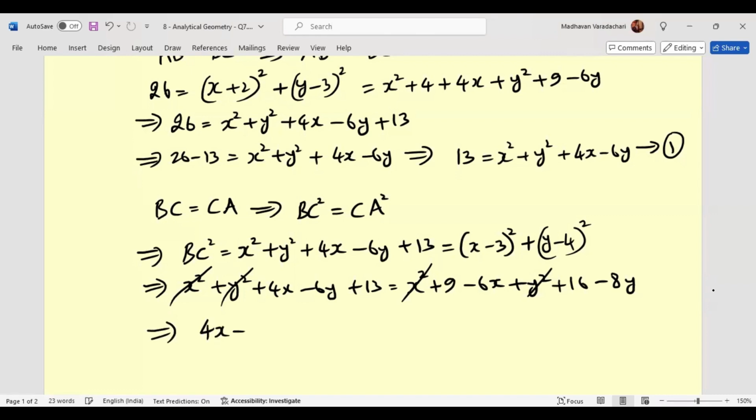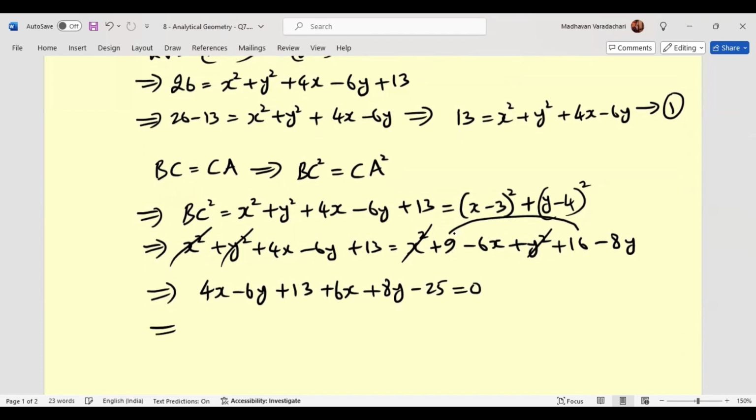So 4x minus 6y plus 13. If I take this minus 6x that side, it becomes positive 6x. And then minus 8y that side, it becomes positive 8y. This together, it is 9 plus 16, 25. If I take it to the other side, it is minus 25. So we took everything, so it is equated to 0.